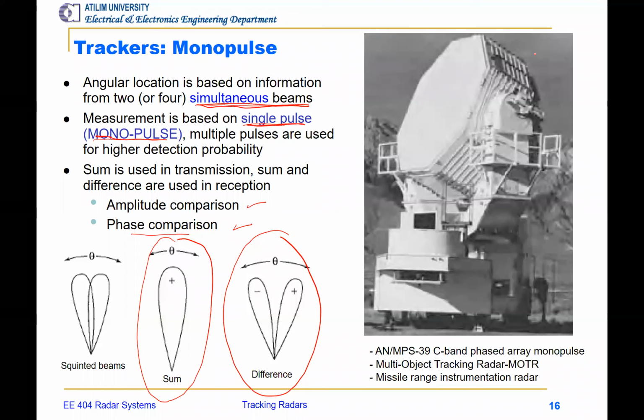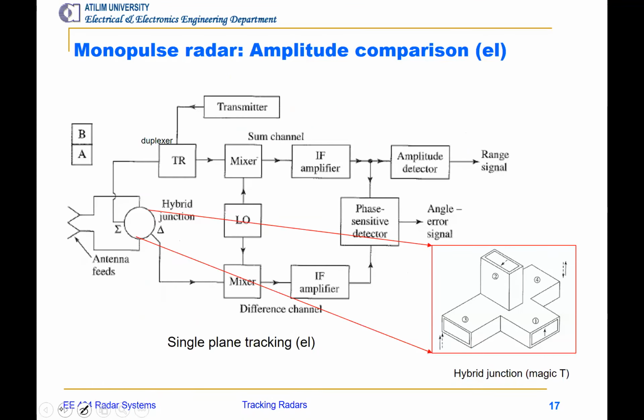On the right hand side, you see a picture showing an MPS-39 C-band phased array monopulse. It's a multi-object tracking radar, a missile range instrumentation radar. It's one of the, I think, oldest monopulse phased array systems.